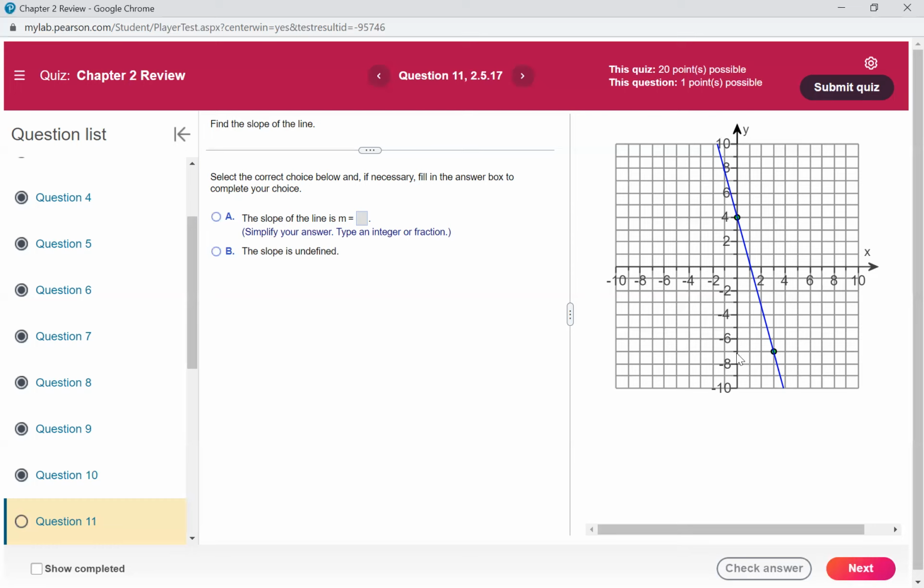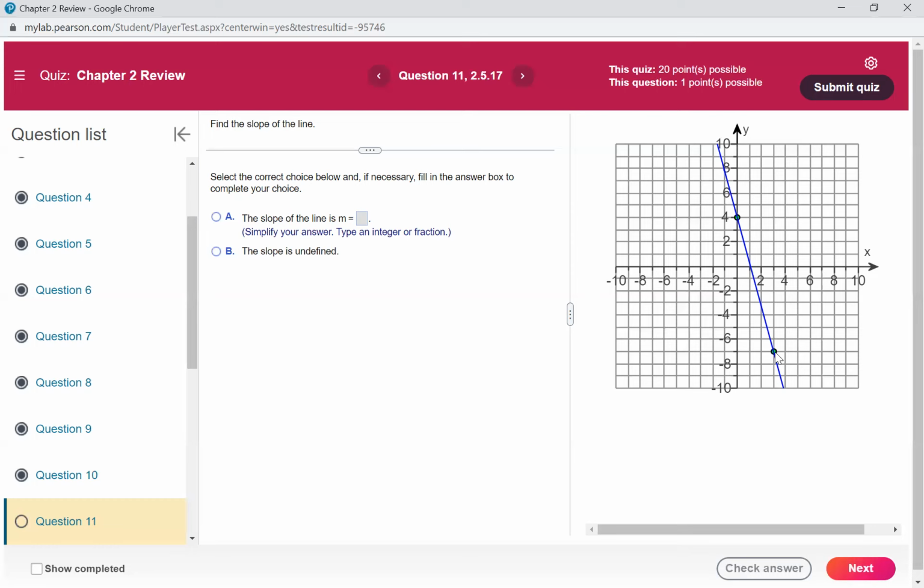I went down 11, so that means the top of my slope will be -11. Now I'm going to get the bottom number of the slope by going right. So I'm going to go right 1, 2, 3 times. So that gives me a -11/3.